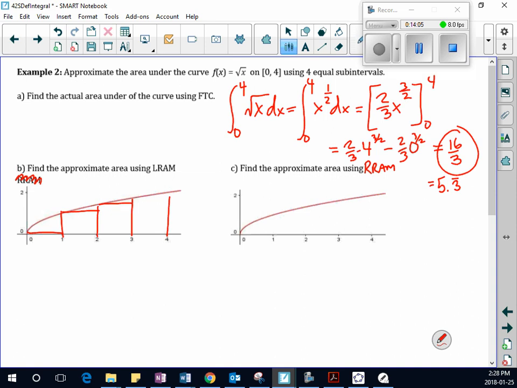This rectangle is that. And this rectangle is that. Yes? Not very efficient. So this is 0 plus, this is a width of 1, so 1 times, what's this height here? 1 plus 1 times, what's this height here? Square root of 2 plus, what's this height here? Square root of 3. So we get, punch her in.